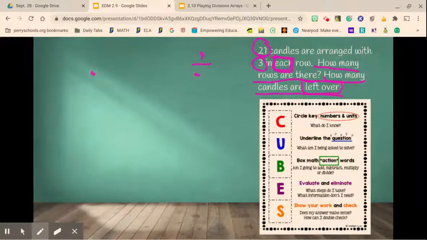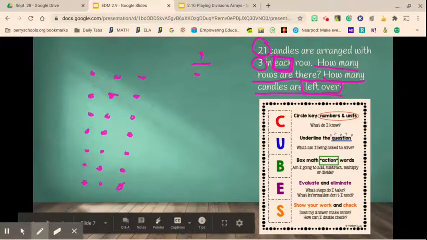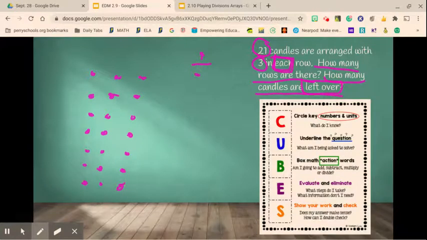So I'm going to say 1, 2, 3, 4, 5, 6, 7, 8, 9, 10, 11, 12, 13, 14, 15, 16, 17, 18, 19, 20, 21. So I had equal rows of 3. So now I need to know how many rows I created.